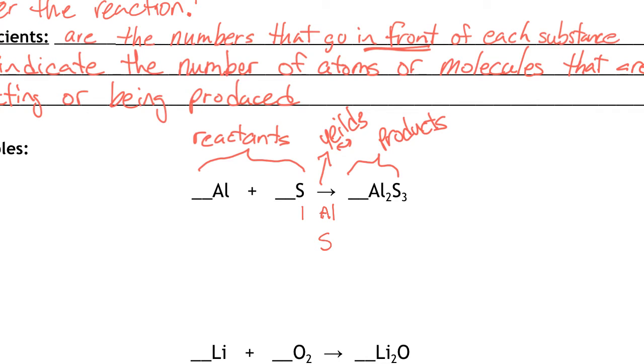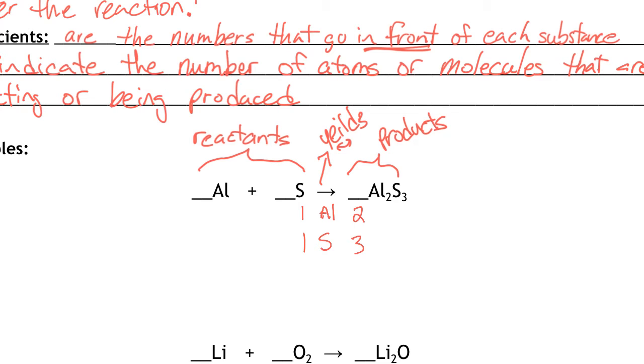On the reactant side, I've got 1 sulfur. Now I'm going to count the elements that are on the product side. On the product side, I've got 2 aluminum because it's Al2, so I've got 2 aluminum atoms. And for sulfur, I've got 3 of them. Al2, 2 aluminum atoms. S3 means I've got 3 sulfur atoms.